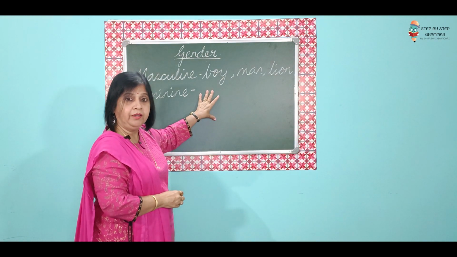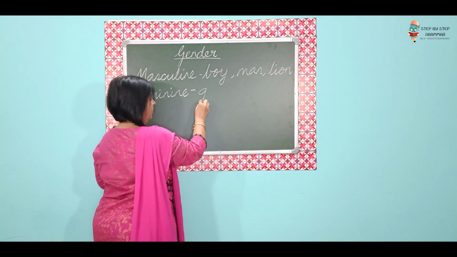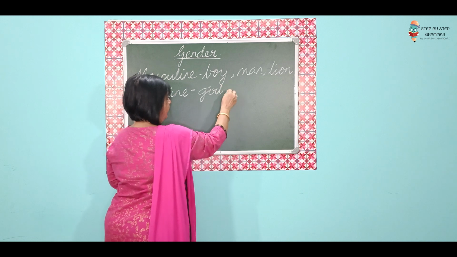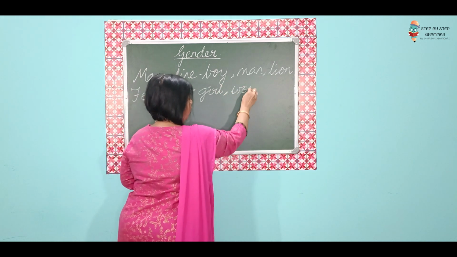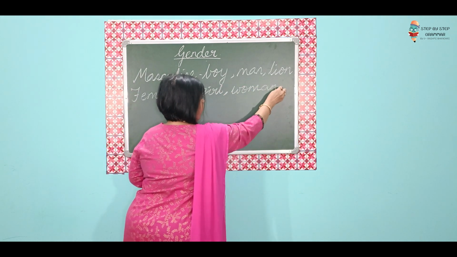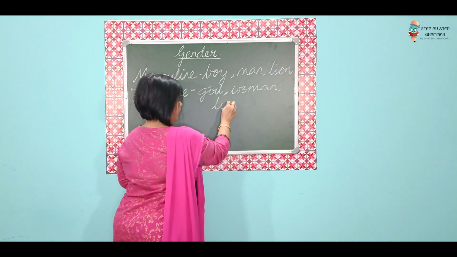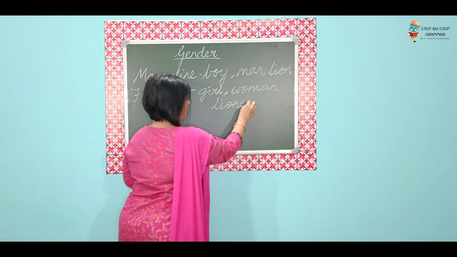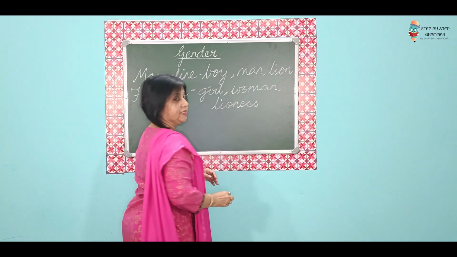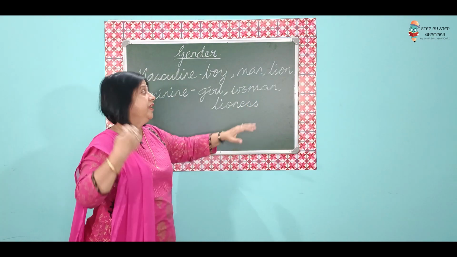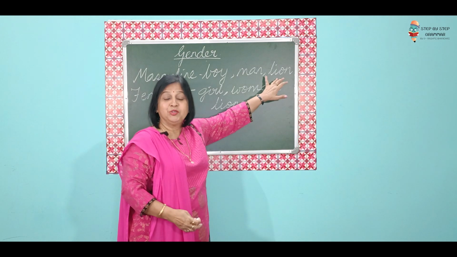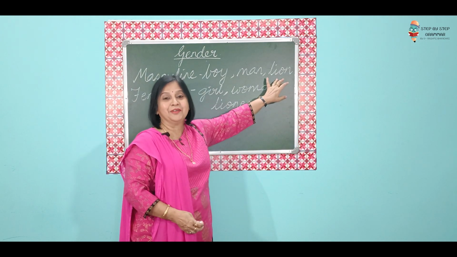So for boy, the feminine is girl. Man, feminine is woman. And lion, the feminine is lioness. Lioness. And again, something to add to your pronunciation: lion.